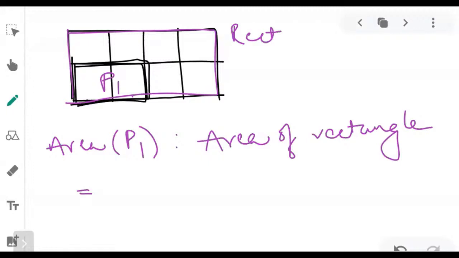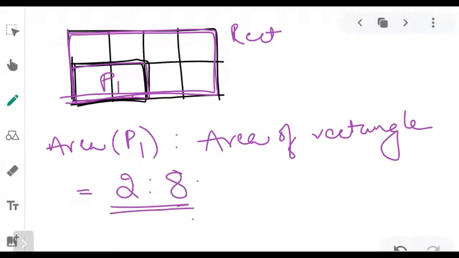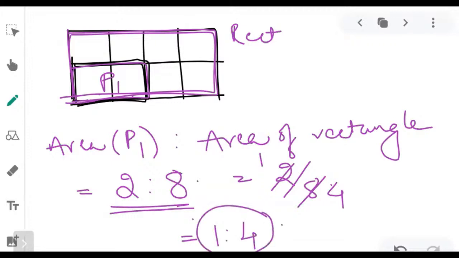How many small boxes is this P1 area made of? 2 boxes. So how much is this whole rectangle made up of? 8. So my ratio is 2:8. But like in fractions, can you simplify it? 1/4. So I write my fractions always in the simplest form. That is, you can divide it as much as you want and write the simplest form here. Right?